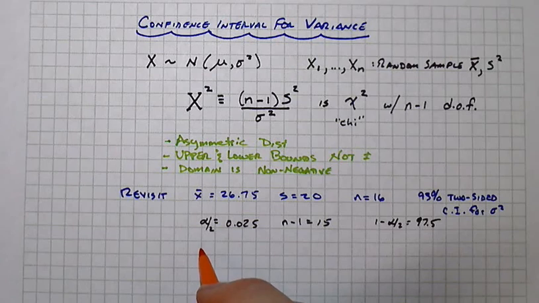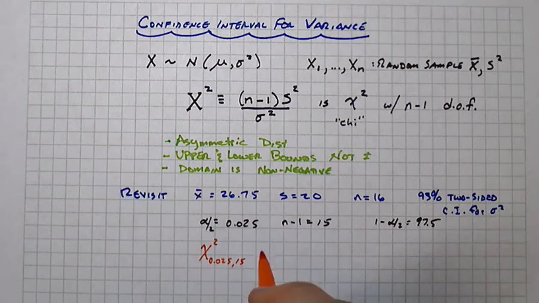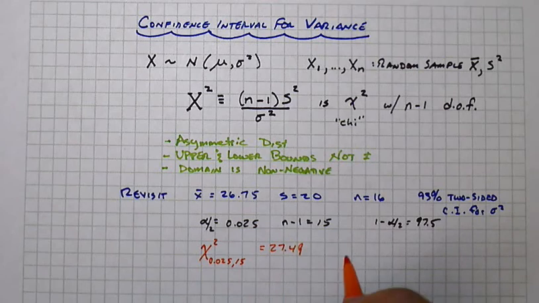Okay, so we went into our table. Our chi-squared value for 0.025 and 15 degrees of freedom was 27.49, and our chi-squared value for 0.975 and 15 degrees of freedom was 6.27.